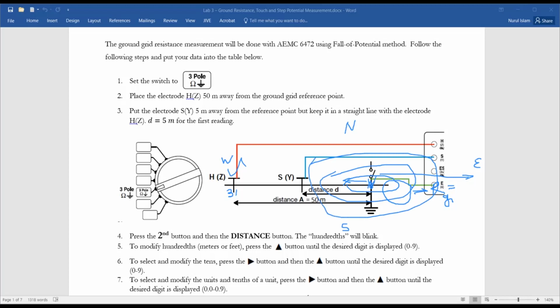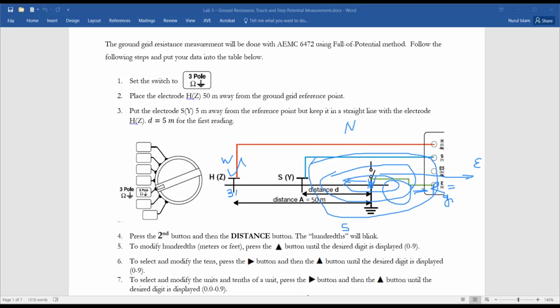So you have to find a point from this reference object where there is no voltage. It means that point is beyond the influence of this potential rise.